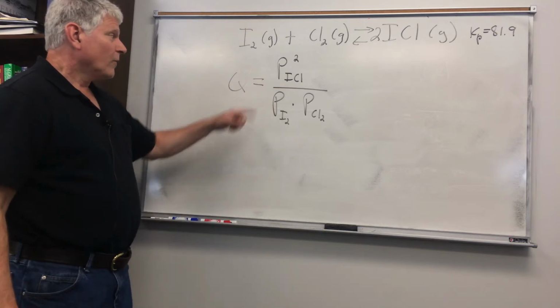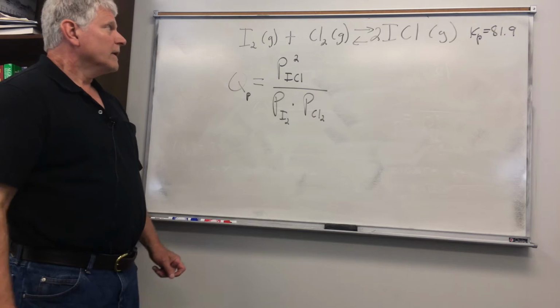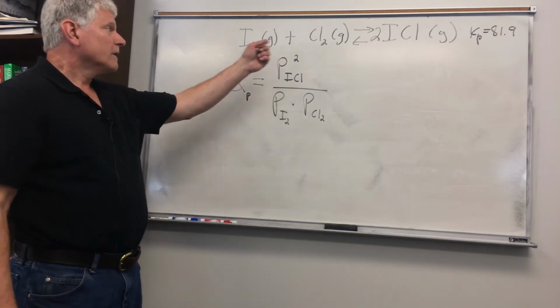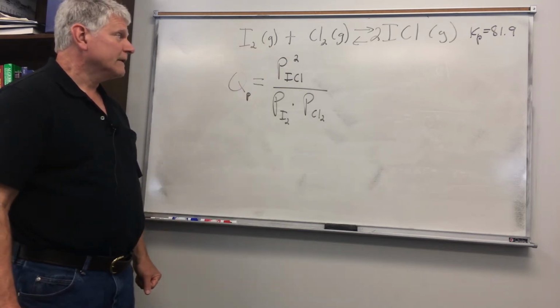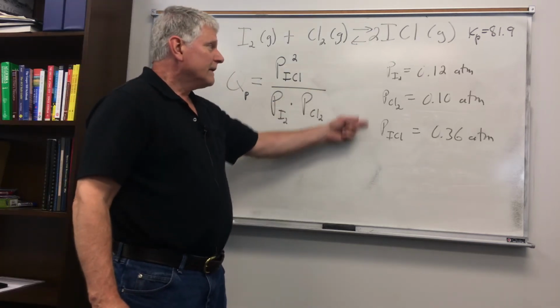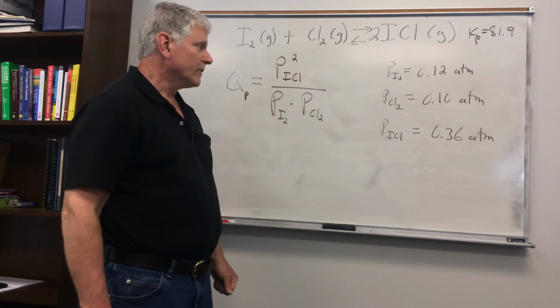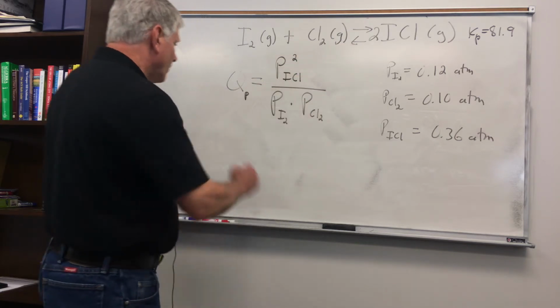This has the same form as the equilibrium constant. This is in terms of pressure. So let's say we have particular pressures of each species. Let's calculate the reaction quotient. Okay, say we have these pressures for the reaction mixture. Let's calculate the reaction quotient.